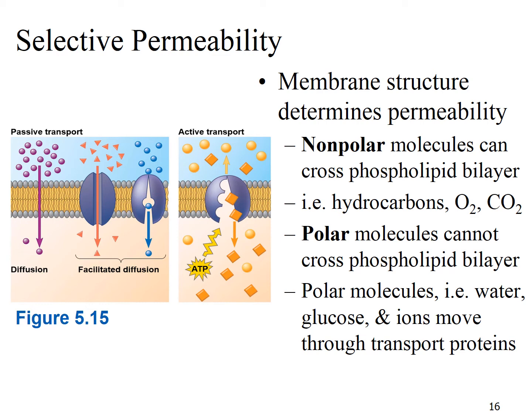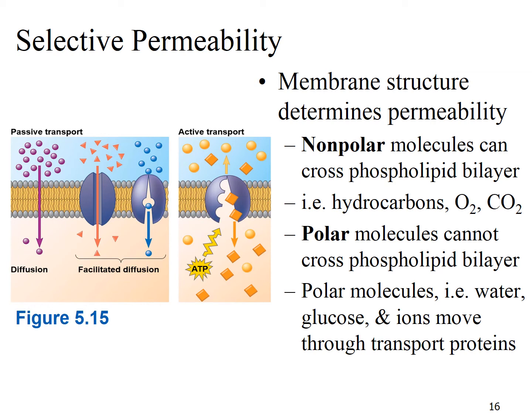Those transport proteins could include channel globular proteins and carrier globular proteins. The channel globular protein and the first carrier globular protein that we will look at are involved in a type of molecular transport called facilitated diffusion.